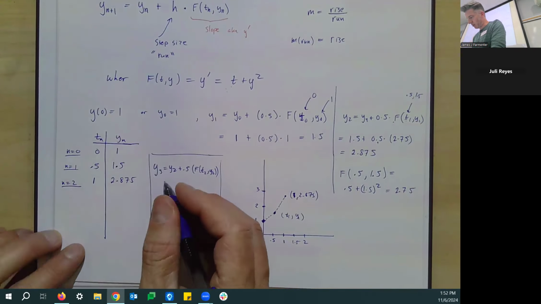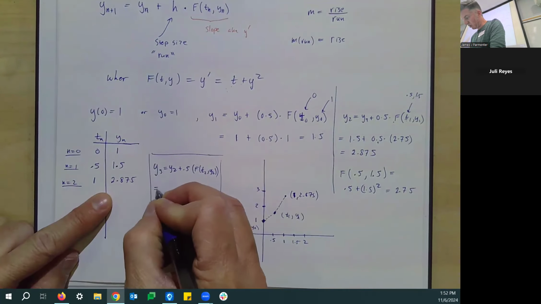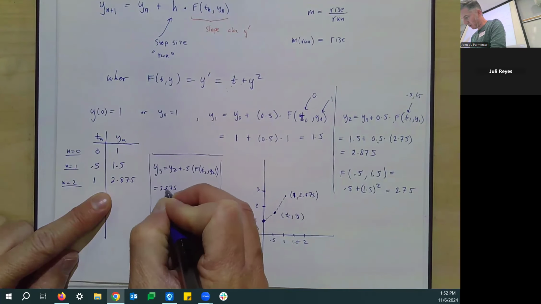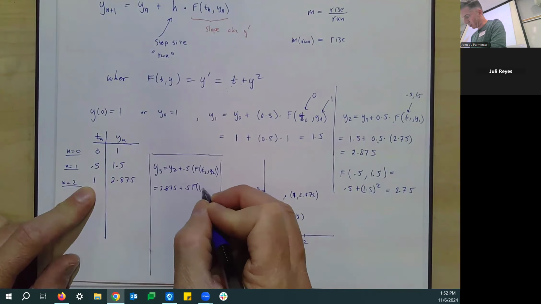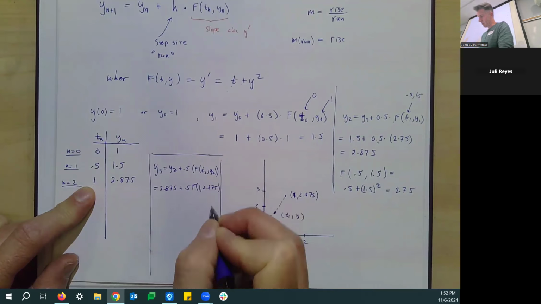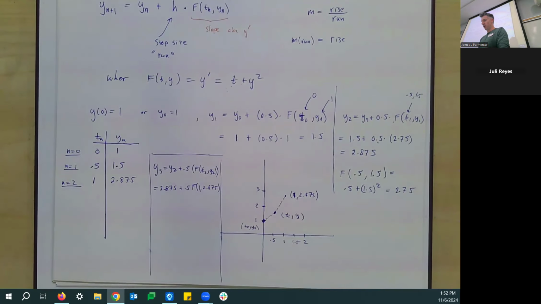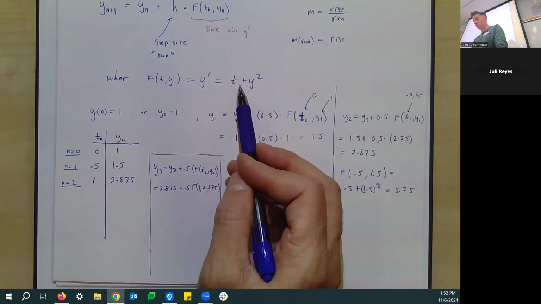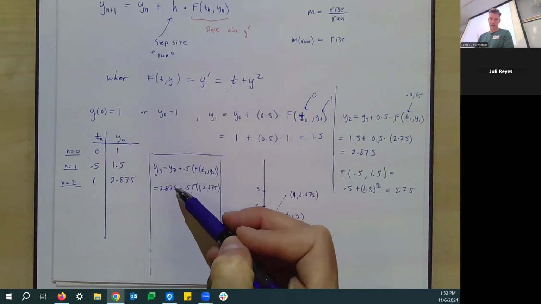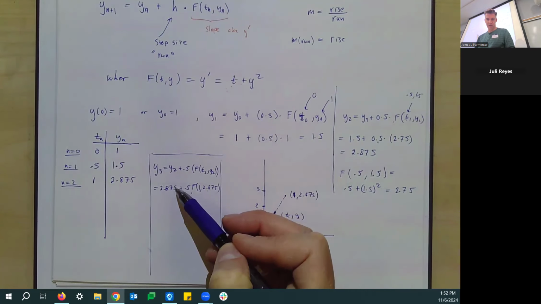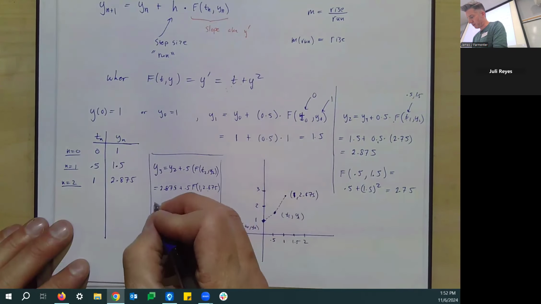So my y sub 3 is going to be y sub 2, which was 2.875, plus 0.5 times f of 1 comma 2.875. And that's for things that I have to use a calculator, right? So my f of 1 comma 2.875 is going to be 1 plus 2.875 squared times a half plus 2.875, which is approximately 7.51.